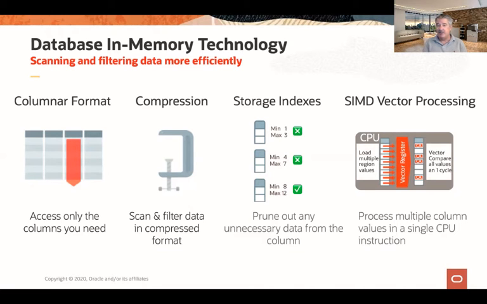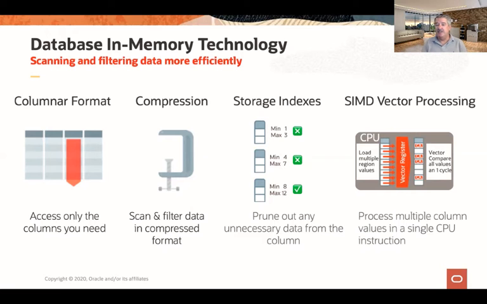We support something we call in-memory storage indexes, which on individual IMCUs allow us to record min-max values for each of the columns. So now we can prune out data if we're scanning and avoid having to look at that data. If you have a where clause filter predicate and the data we're currently scanning doesn't meet that filter predicate, then we can skip over it.